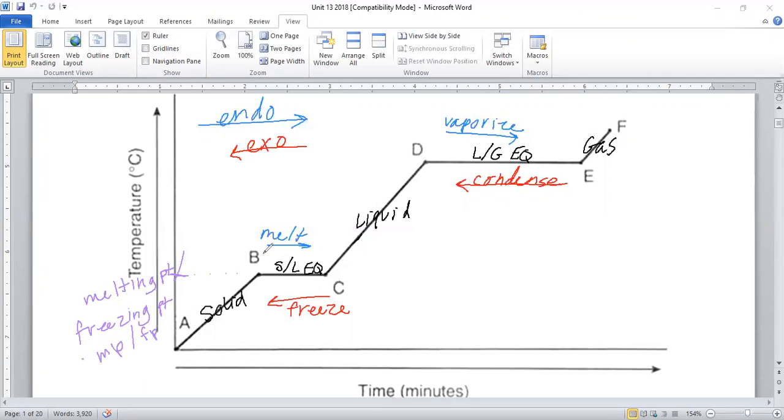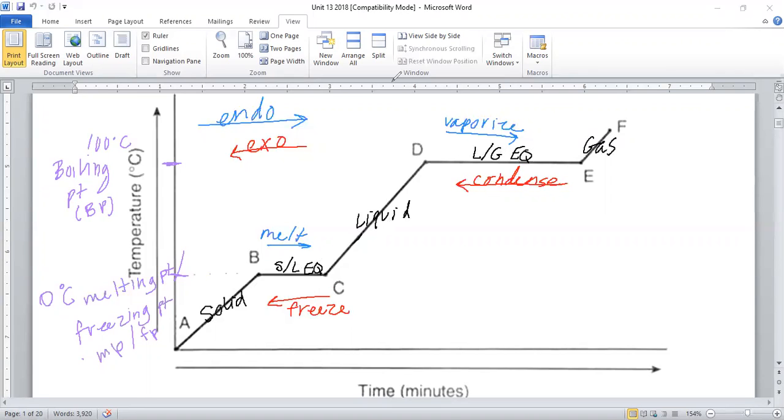Melting and freezing occur at 0 degrees Celsius if we're talking about water. And then up here we have the boiling point, or BP, and that is 100 degrees Celsius. So anywhere along this flat line, it's 0 degrees. Anywhere along this flat line, it's 100 degrees.